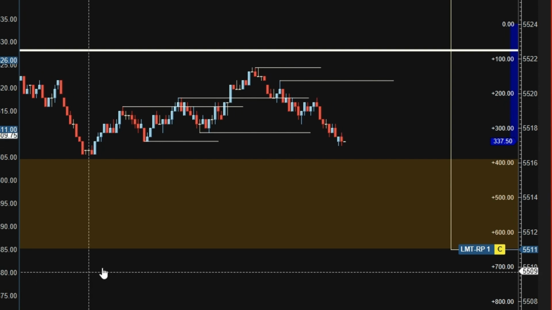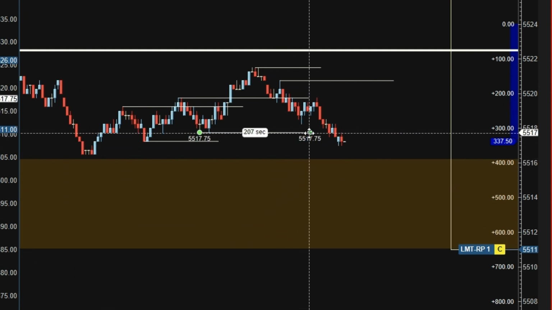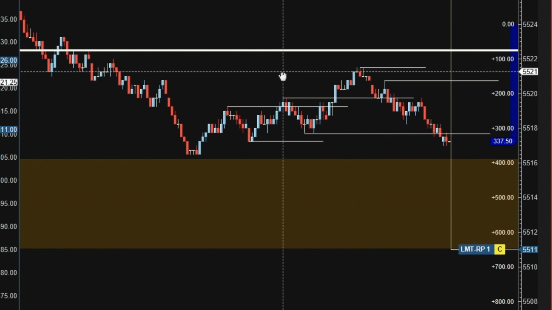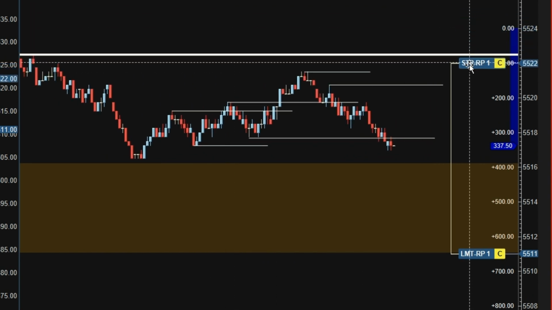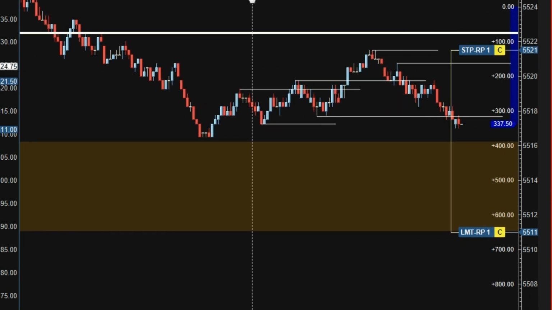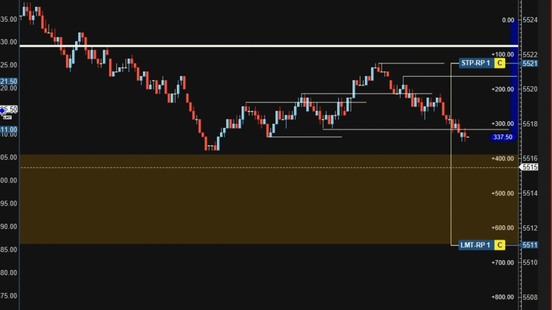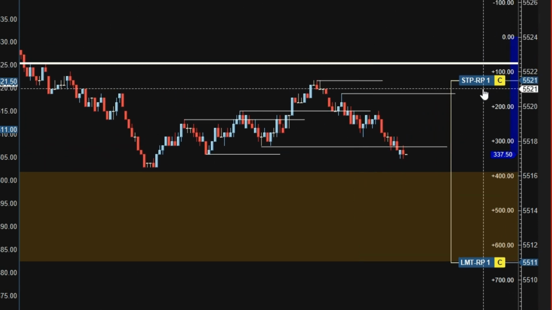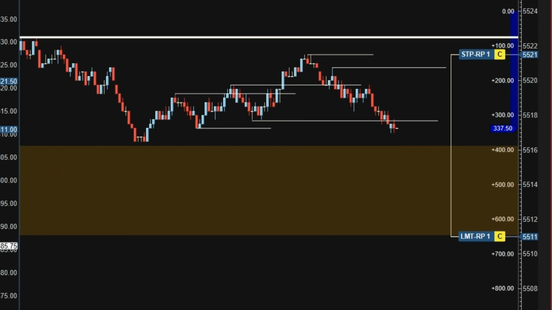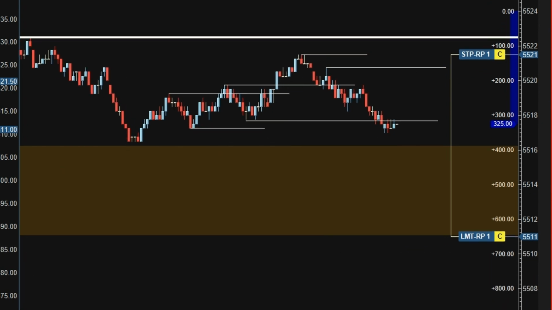Yeah, now we are breaking. Now we broke this low, right? So as you can see, you can take this high here or your structure to move your stop loss, right? So you can trail there.